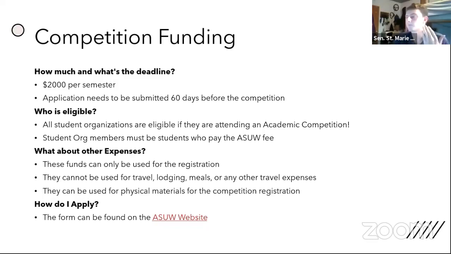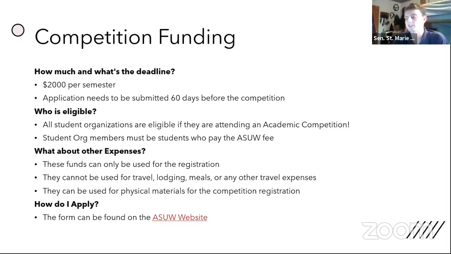Again, all student organizations are able to go if they're attending an academic competition. And again, student org members must be students who pay the ASUW fee to receive this funding. Again, these funds can only be used for the registration.